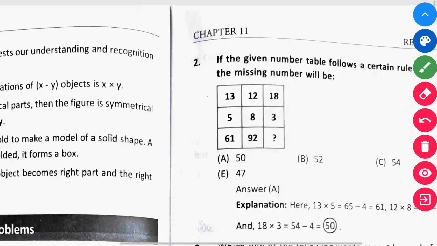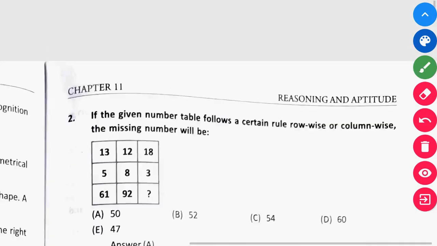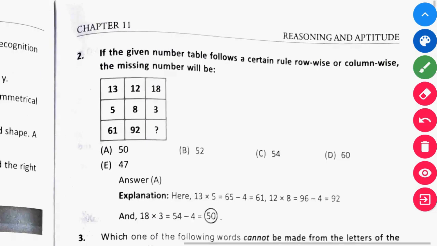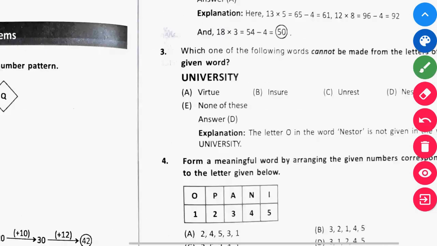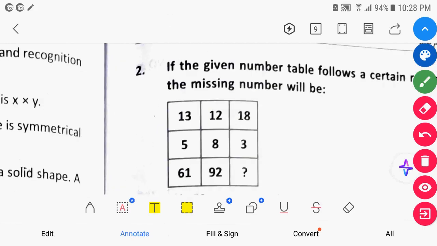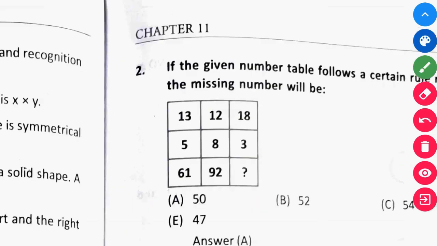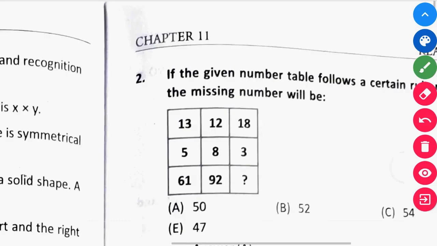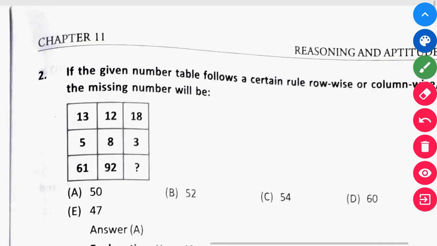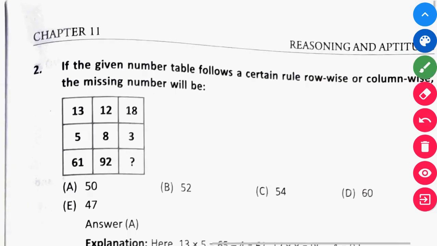Now here again, one table is given to us, and we have to find the missing number in that table. So we have to think in many different ways also.